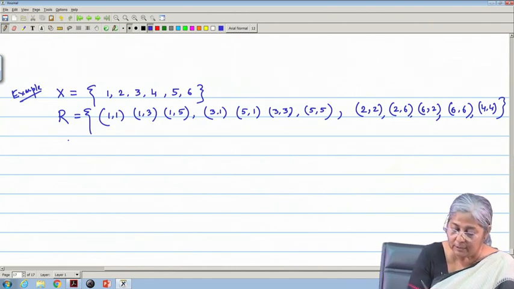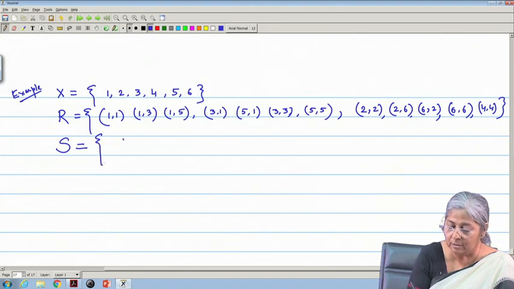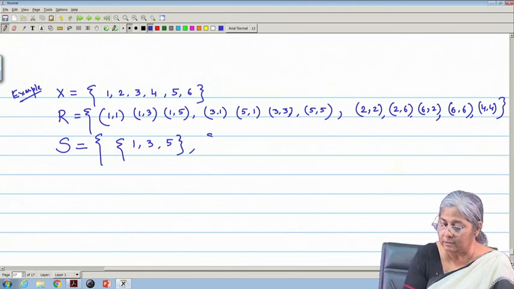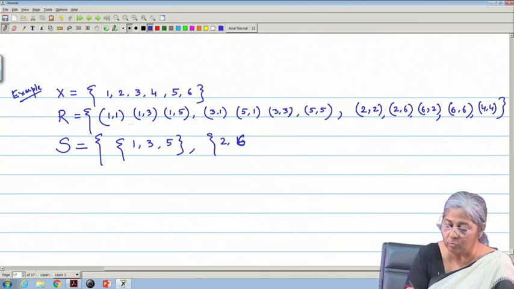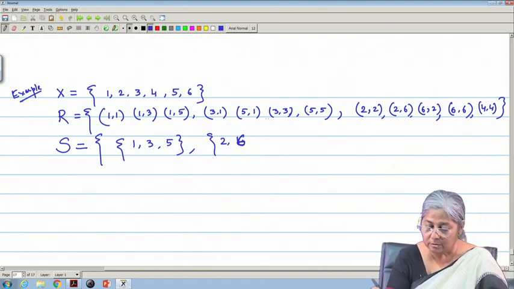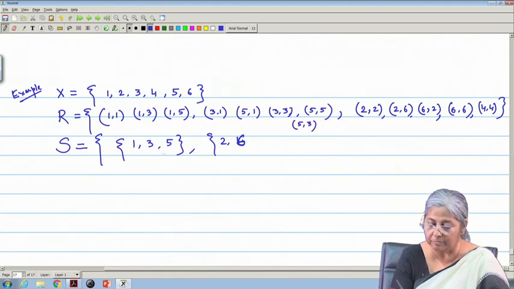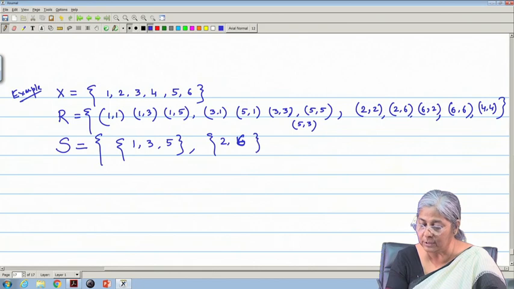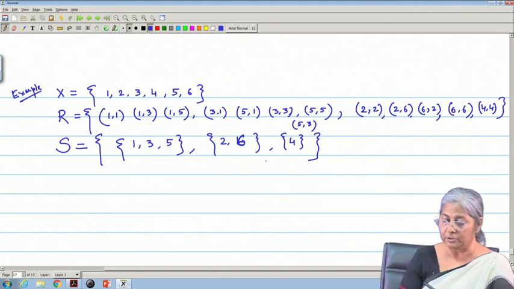Then I can tell a partition, where {1, 3, 5}, then {2, 6}, and {4}, because (1,1), (1,3), (1,5), then (3,1), (3,5), (5,3) - I should add (5,3) here - and (5,5), then similarly (2,6) and (4,4). So, I can get this type of 3 partition.